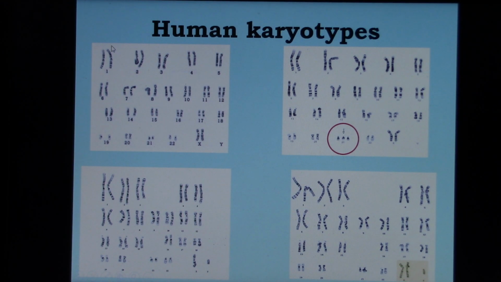So you have, these are paired, and you have one from mom and one from dad. One from mom, one from dad. They're not necessarily in that order because they're not pink and blue. You can't tell in a karyotype which chromosome came from mom and which one came from dad.